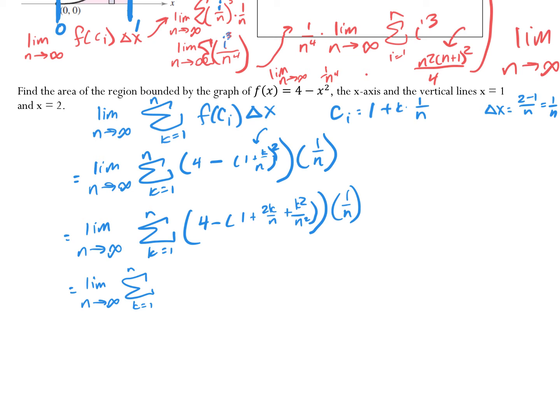Simplify that some more. I'm going to call that 3 minus 2k over n minus k squared over n squared, times 1 over n. Where'd you get the 3? 4 minus 1. So this is 4 minus 1. It became the 3, and then I just distributed that negative sign through the rest.